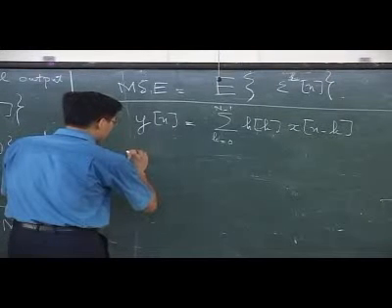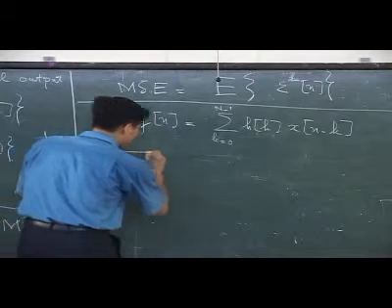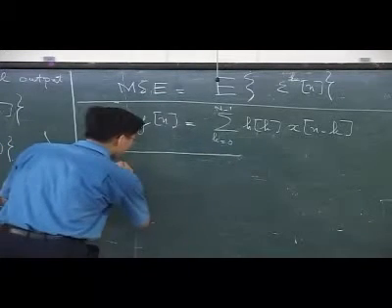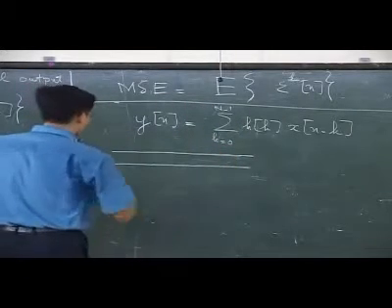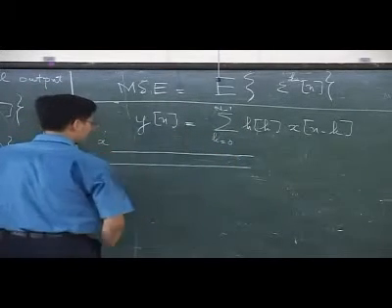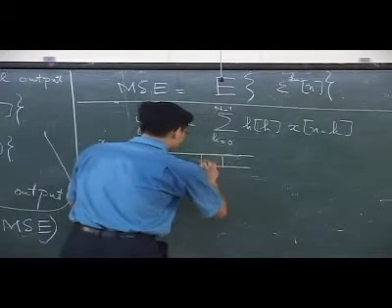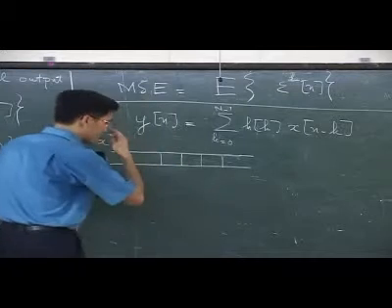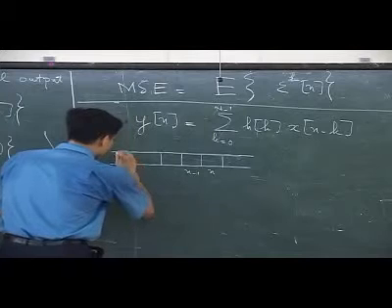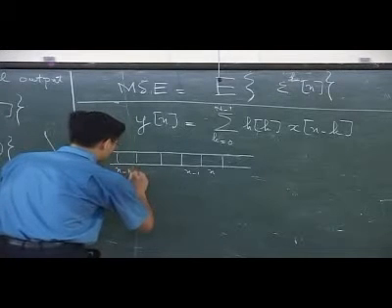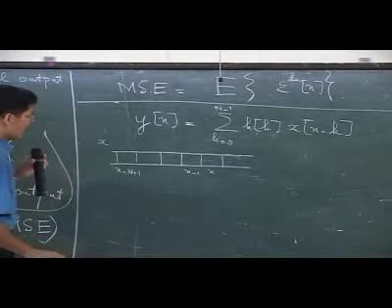If you think about it, what you have here is the signal x, and I take the signal x laid out that way, from n minus 1 to n minus n plus 1, and so on.